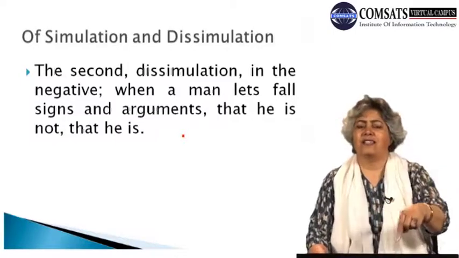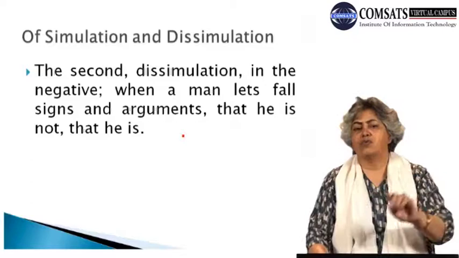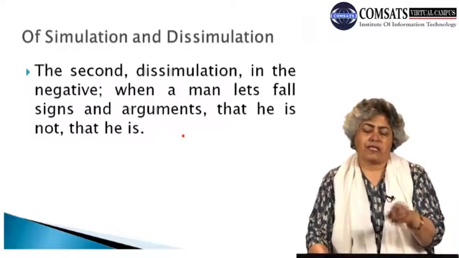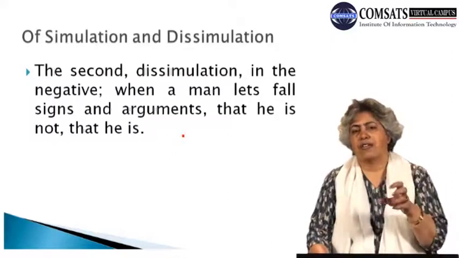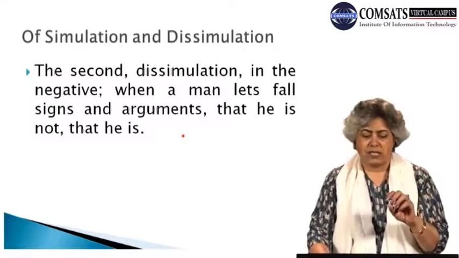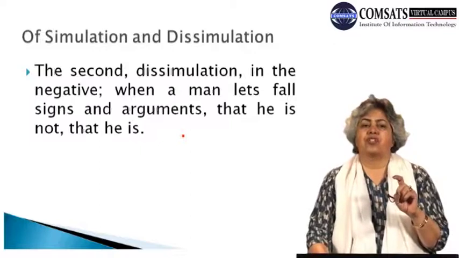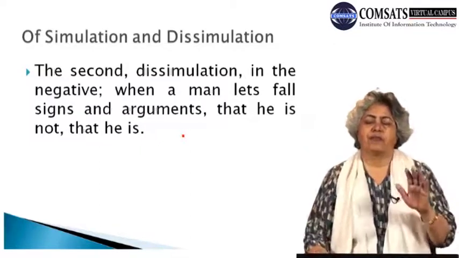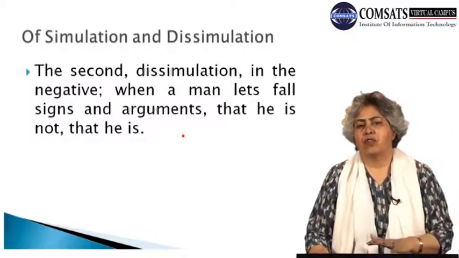Remember, the word that here is no longer used in this sense. This is Baconian English. That's the kind of English that was prevalent in the 16th and 17th centuries. So dissimulation is when you pretend to be something different from what you are.